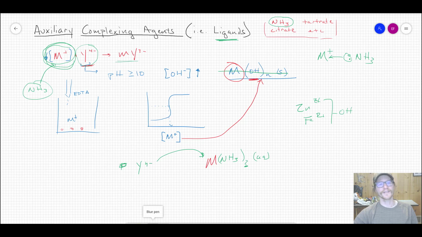And so this expression, normally we'd have the conditional formation constant where we'd adjust for the fraction of Y4 minus. Now we also need what we call a double conditional here, or a K double prime, where we account for the fraction of metal that's not bound to the NH3. So there's just an added step. It seems complicated, but it's really not. I'll walk you through the steps.